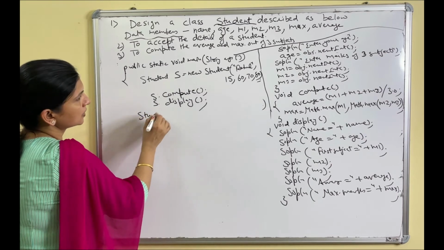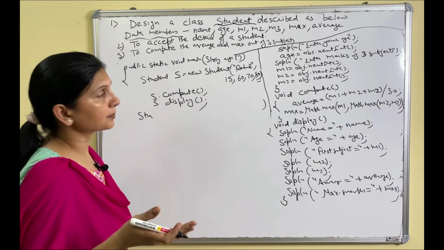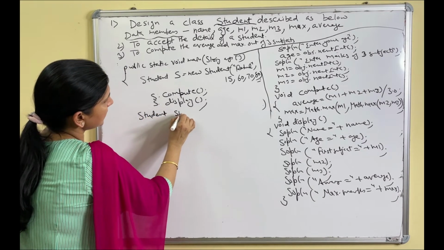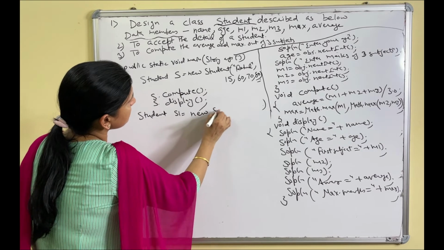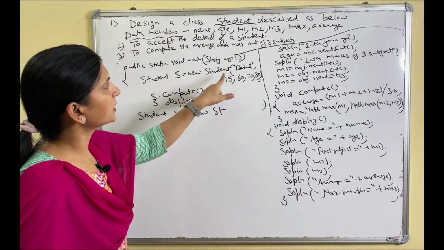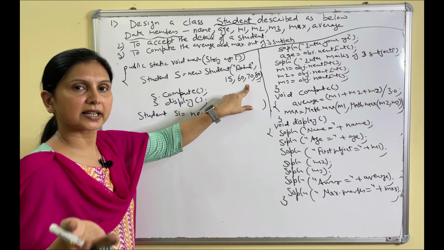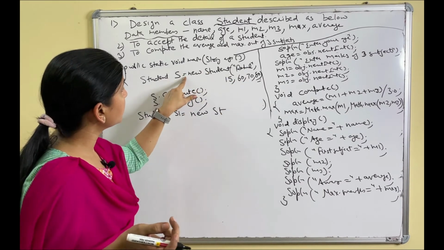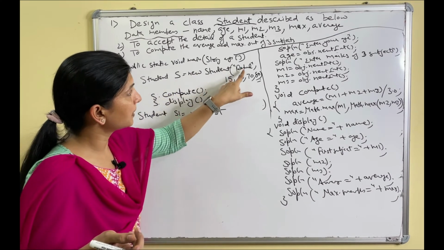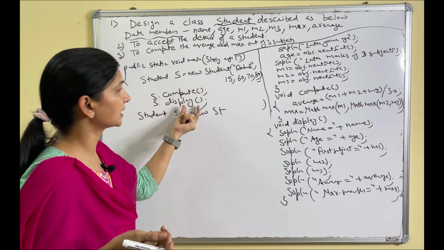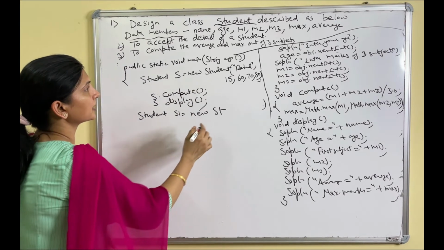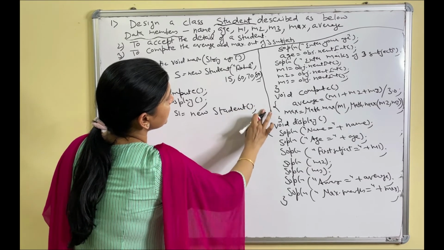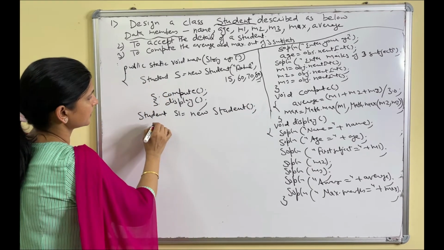Then as we have made another method, accept, also, now we will create another object s1, because with the same object you cannot invoke the parameterized constructor as well as the accept method. Which value will be assigned, either this or accept? So with one object you will invoke the parameterized constructor, then compute, then display, and from the second object you will invoke the accept method, in which also student details were taken from the user.